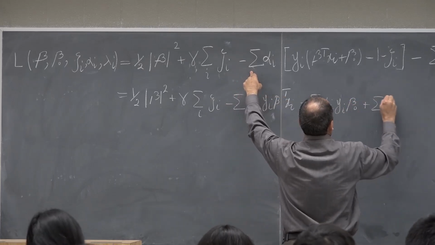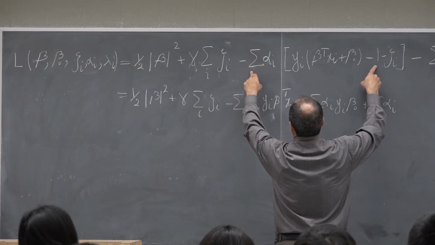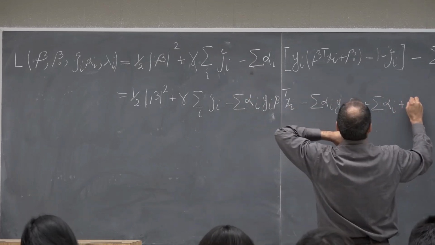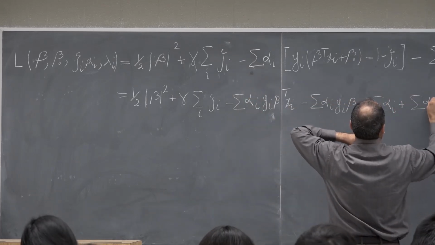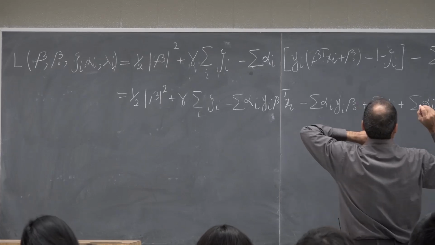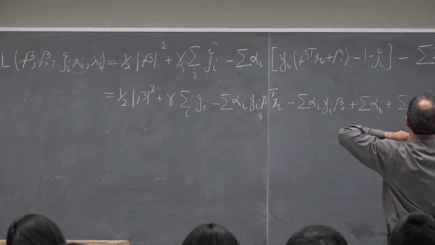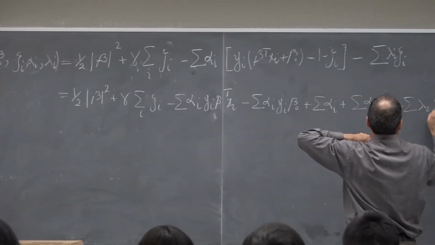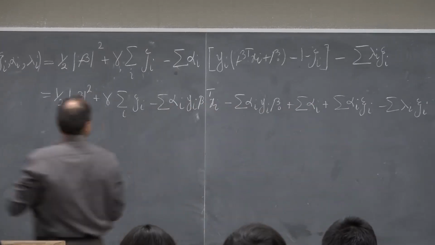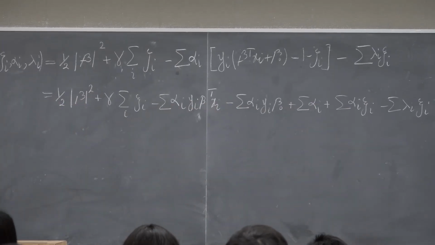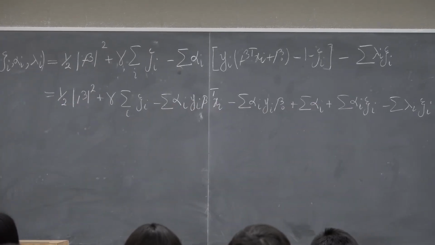I have alpha i, and I have alpha i, zeta i, and I have lambda i, zeta i. Okay, that's my Lagrangian. Take derivative of this Lagrangian with respect to beta and set it to 0.